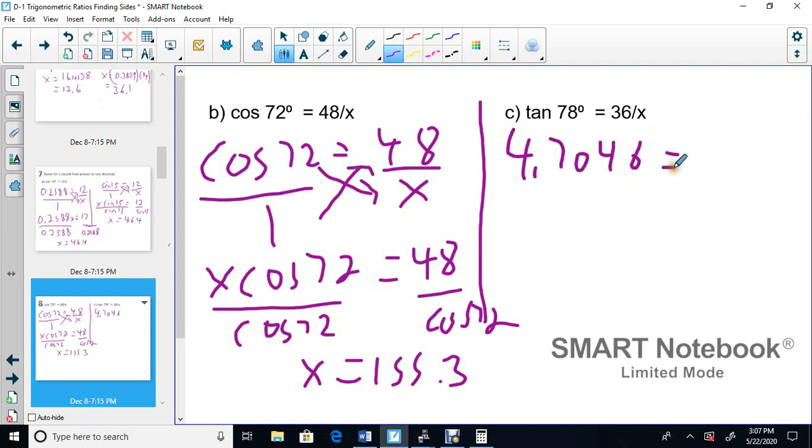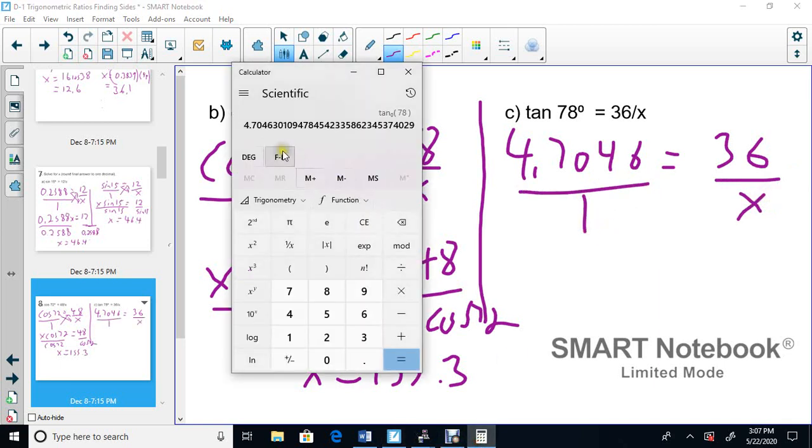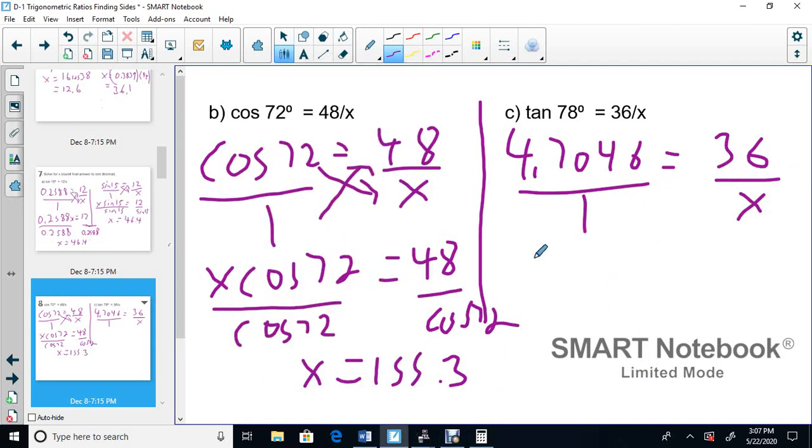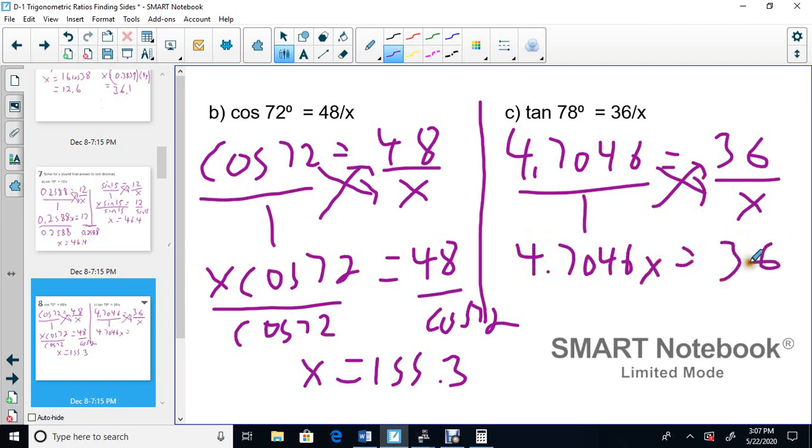4.7046 equals 36 over x. Put that over 1. Make sure I copy the number down correctly, 4.7046. You cross multiply, so you cross this way and that way. 4.7046x equals 36. Divide by what's in front of the x, 4.7046, and do the same on this side.